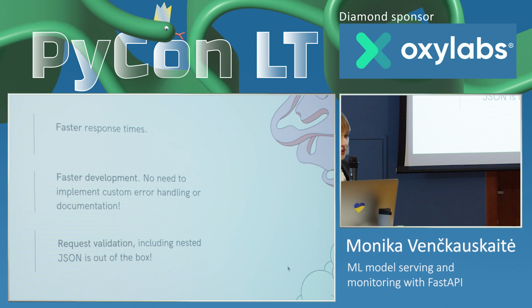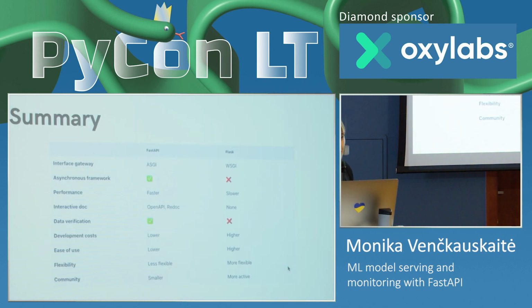So what did FastAPI change for us in our MLOps? First of all, we got faster response times, faster development. We don't need to implement custom handling or documentation. Also, we have request validation, and it can handle nested JSON pretty well out of the box, so no need to write all this ourselves.